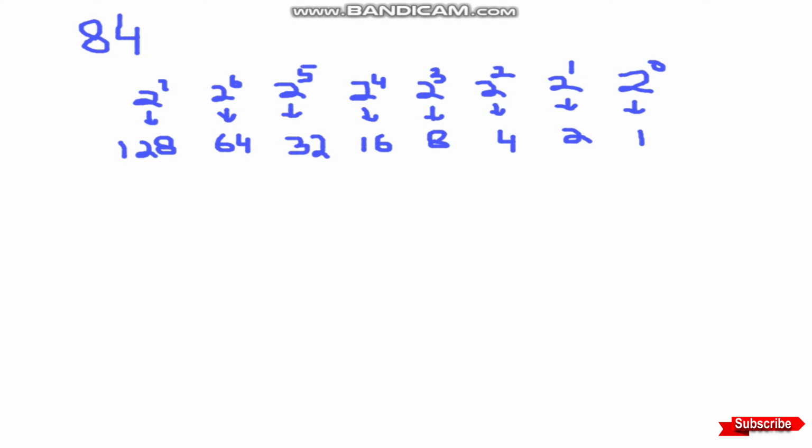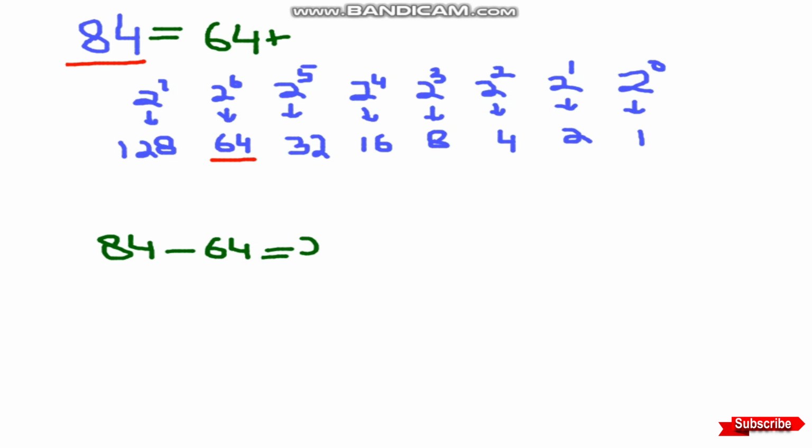So we can see that 64 here is less than 84. So we'll note it down, 64. Now what we'll do is 84 minus 64, it is equal to 20.